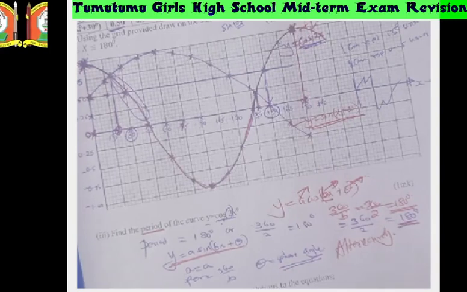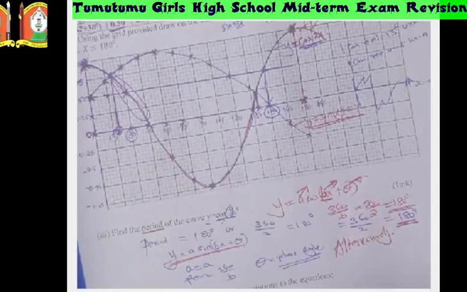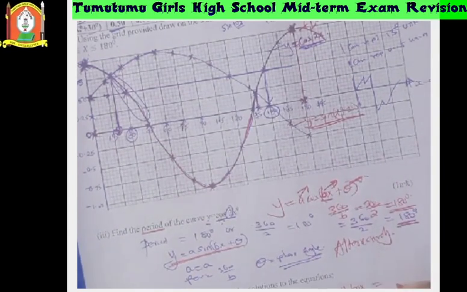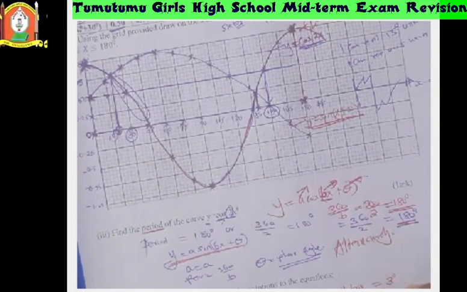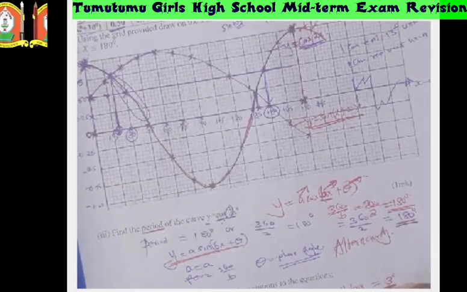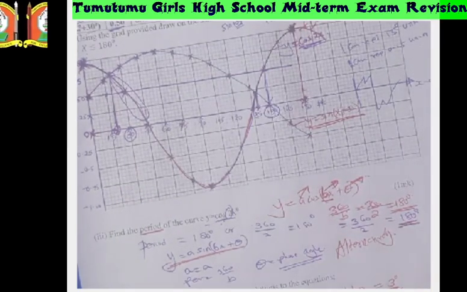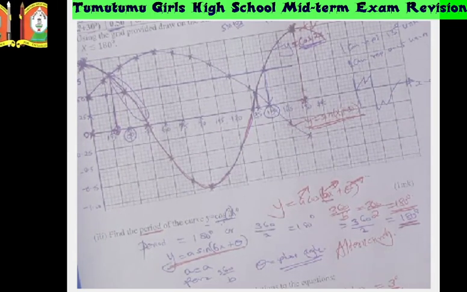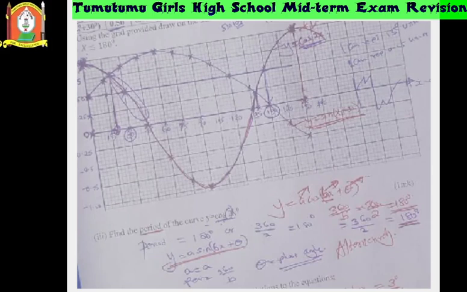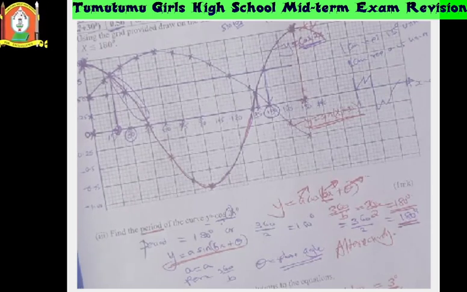Going with the scale we have, one small box represents 3 degrees. So whatever you read must be a multiple of 3. You cannot get anything less than that.